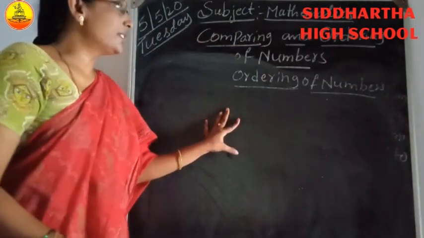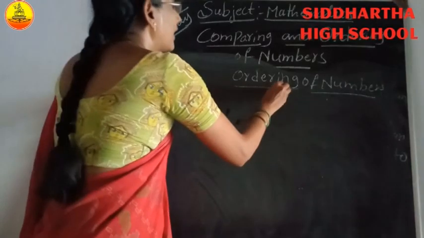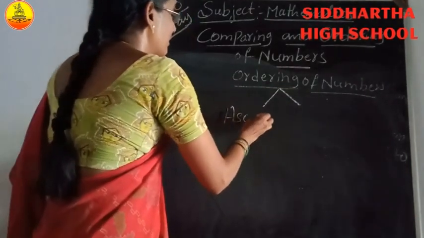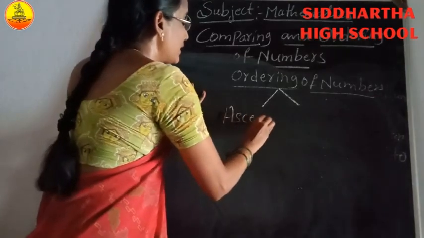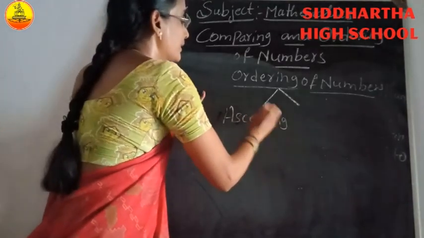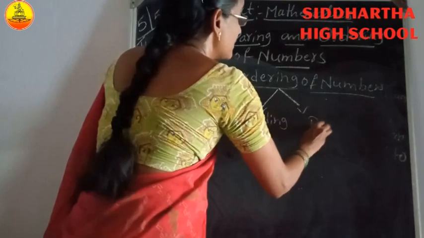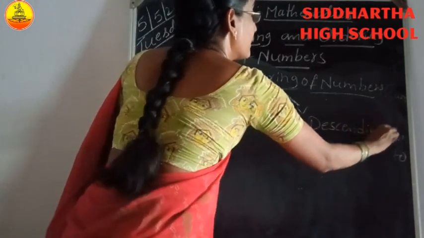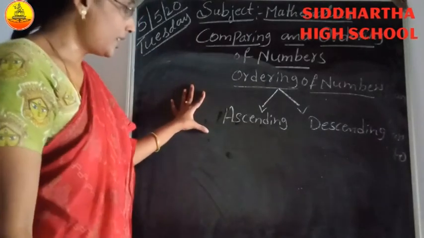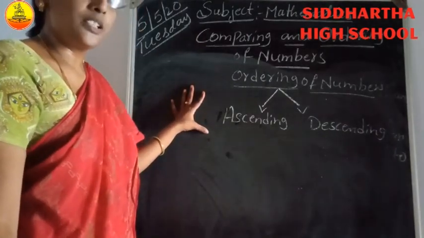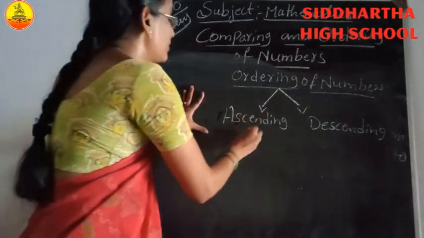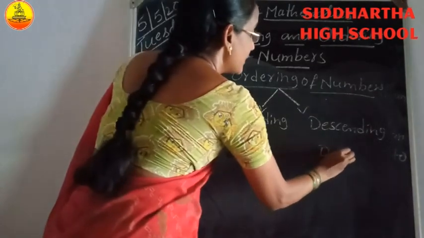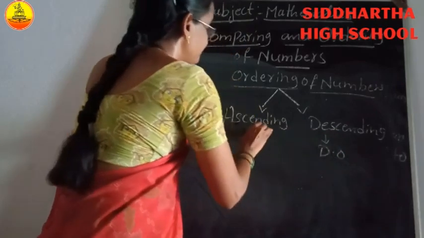Two types of ordering are there, children, that you already know. One is ascending order. Another one is descending. First one is ascending and second one is descending. Ascending is said in short form as AO and descending as DO.